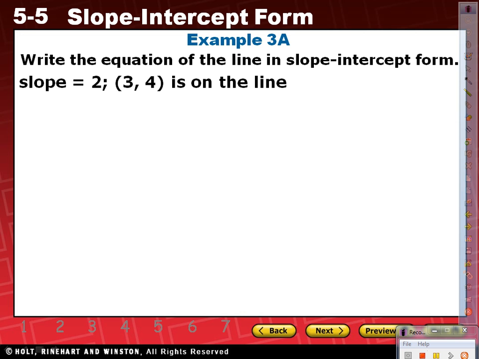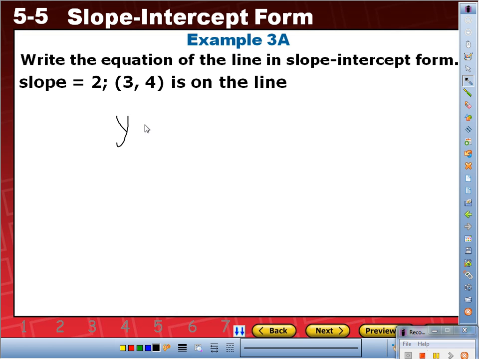The process is very similar to what we've just been doing. I write my form. What is my form? y equals mx plus b. Do we know what m is? Yes, the slope, which is 2. Do we know what b is? No. However, they do give us other information.